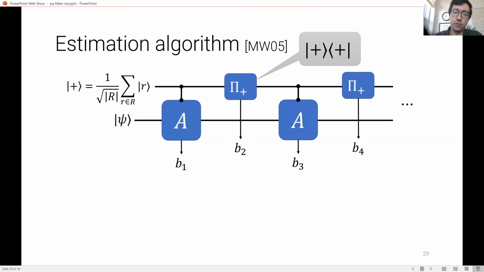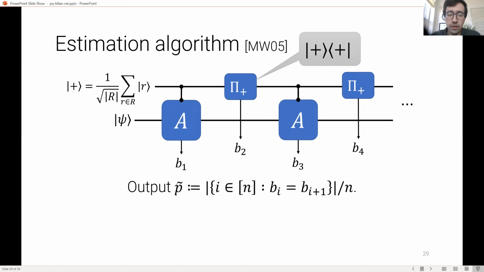So you just do this for some number of trials, and the more trials you do, the better the guarantee is on the estimate that you got. And what you output is the number of i such that b_i is equal to b_{i+1}, divided by the number of trials. So you look at adjacent bits, and if they're the same, then you score 1, and if they're different, you score 0.